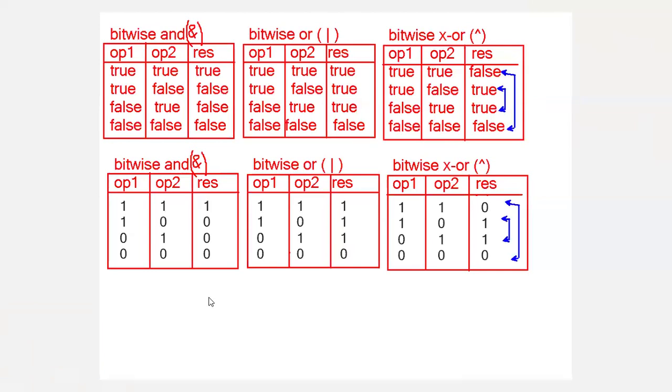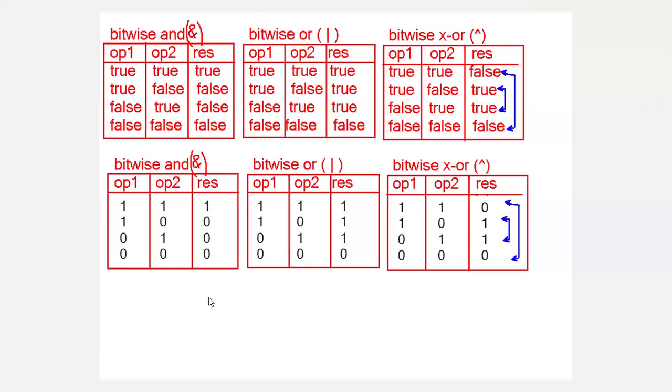Next, continuation. We cannot apply these operators on floating point numbers, string, array and class.